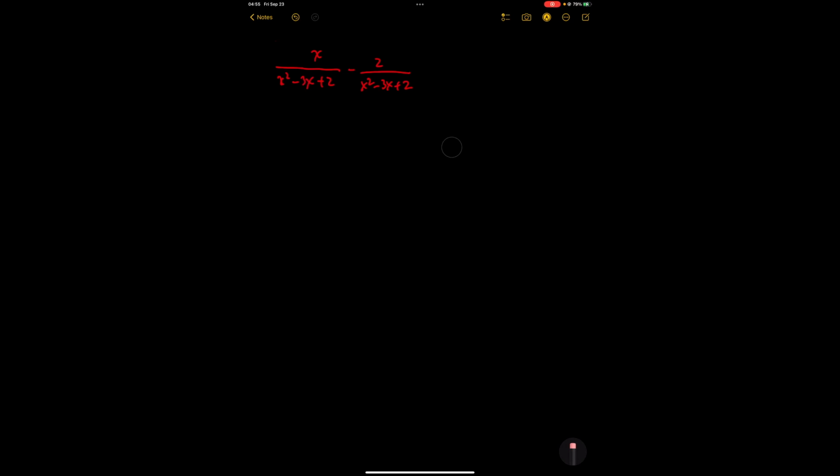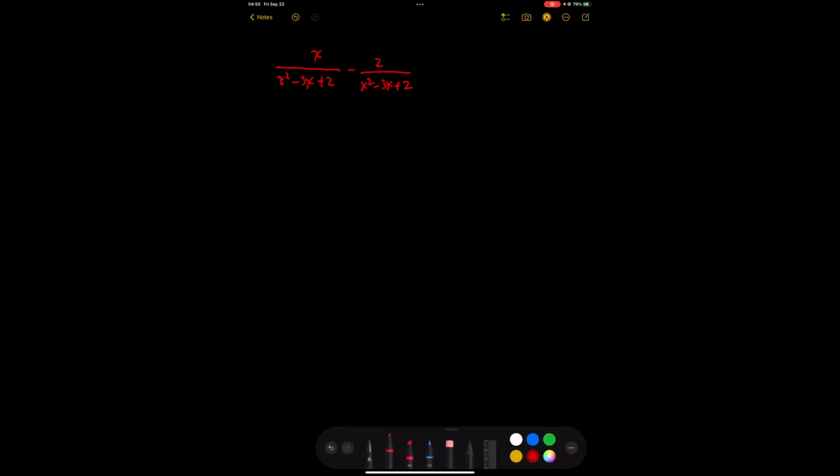Right here we have two fractions and they both have the same denominator. Anytime you have two fractions with the same denominator, all you have to do is just subtract the numerators because the denominators are equal.